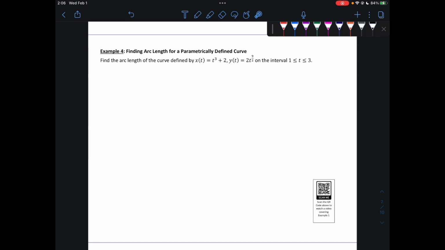Example 1, finding arc length for a parametrically defined curve. Remember, we need the two derivatives here. x prime would be 3t squared, y prime would be 9t to the 7/2.